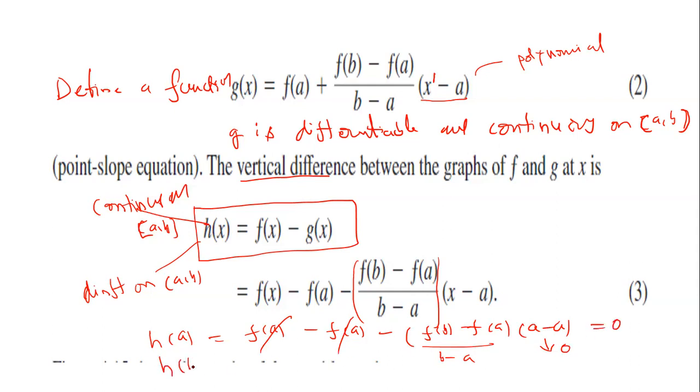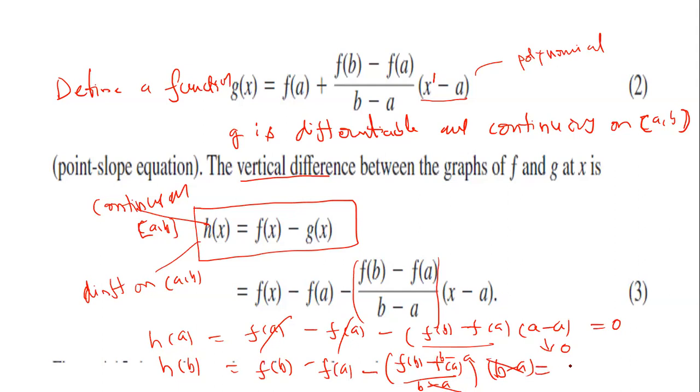Similarly, see h(b). h(b) means f(b) minus f(a), and at the place of x, we have to substitute b. Then minus (f(b) minus f(a))/(b minus a) into (b minus a). Here this b minus a cancels.